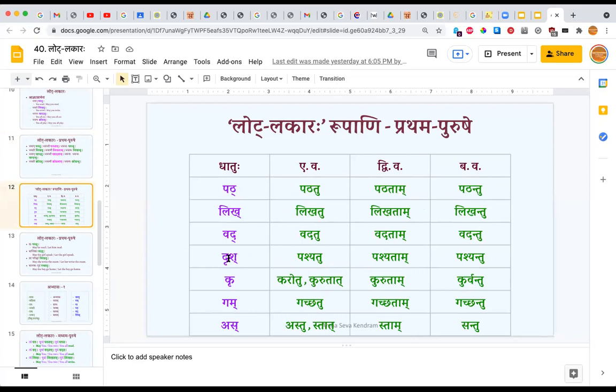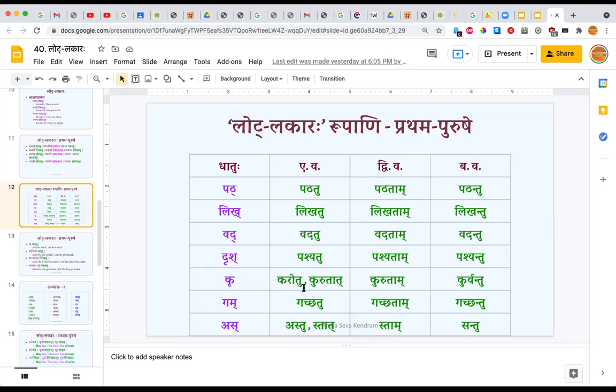Drush dhatu. It's one of those words that is not very apparent. Aham pashyami. You would think that the dhatu is pash, but the dhatu is drush. So in the lot lakara, the forms will be pashyatu, pashyatam, pashyantu, not drushyatu, drushyatam, drushyantu.